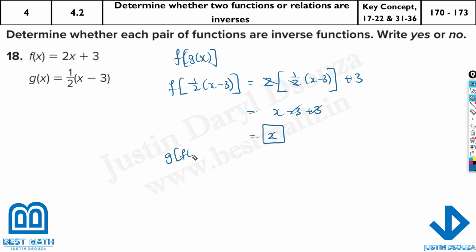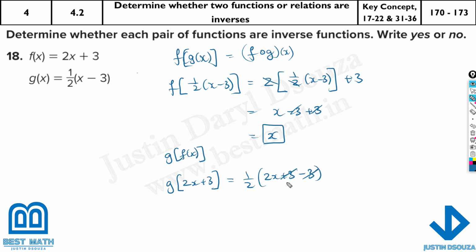g of f of x. This means it is f composition of g, and this is g composition of f. Now here, what is exactly f of x? It is 2x plus 3. That will be equal to half, and instead of x, we have 2x plus 3 minus 3.